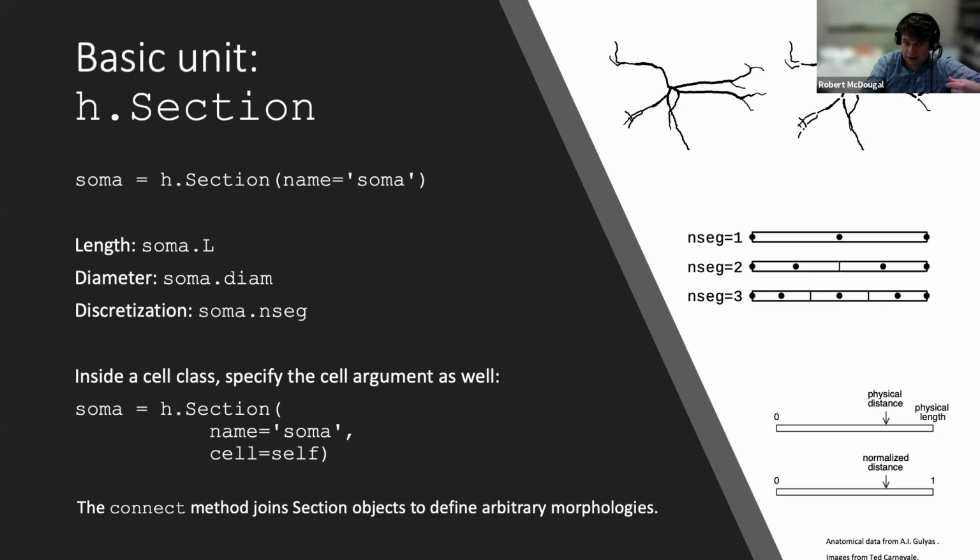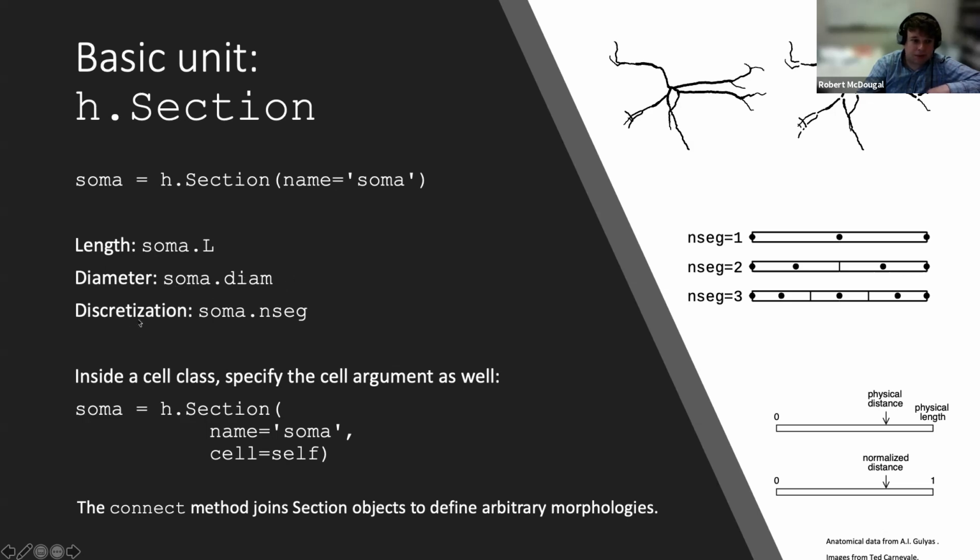A section is a length of unbranched cable. It has a length and a diameter. The diameter could be varying, but let's just suppose for the moment that the diameter wasn't varying.